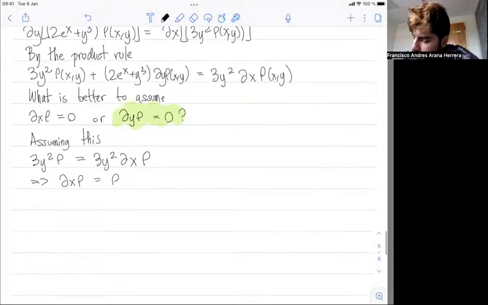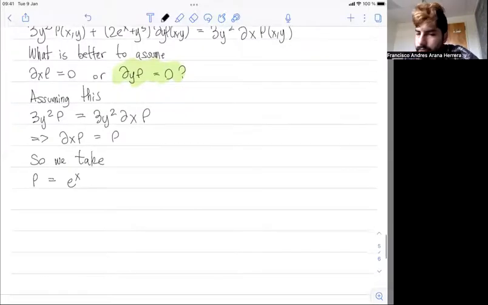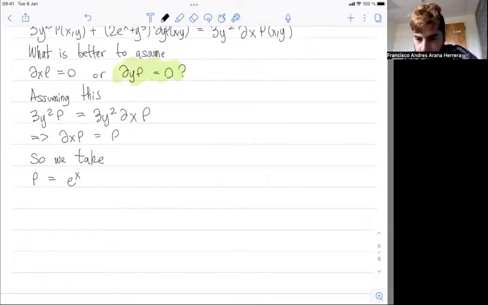So this is the usual equation satisfied by exponentials. But if it was something a bit more complicated, you would have to integrate something more complicated. But we're just going to take rho equals e to the x. That's enough.